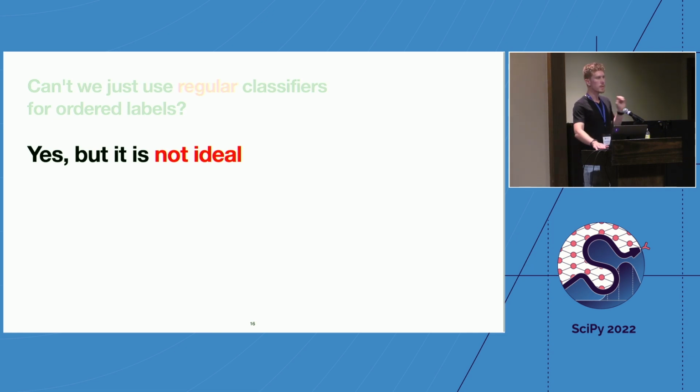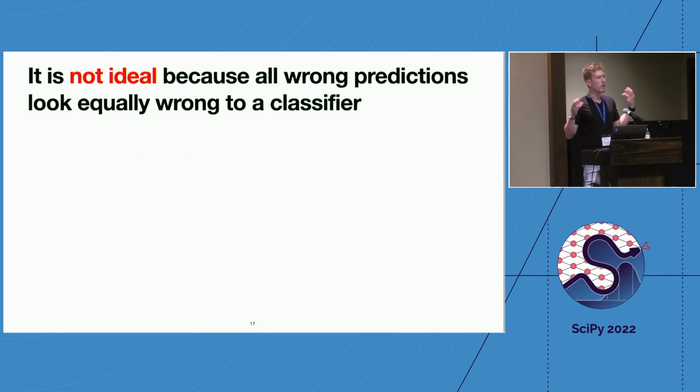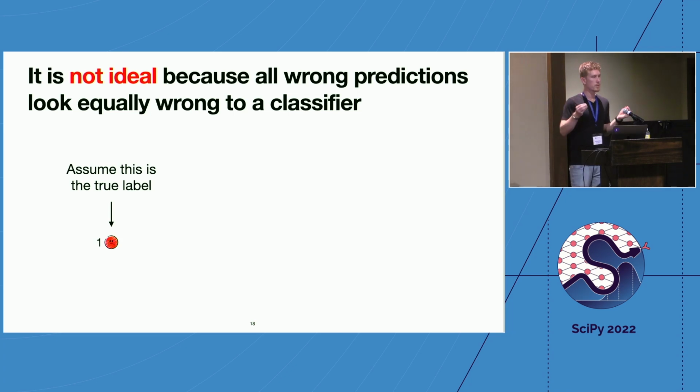The reason why applying a regular classifier to these ordered labels is not ideal is that all the wrong predictions will look equally wrong to the classifier. To illustrate this with an example, let's say the correct label is this unhappy face.